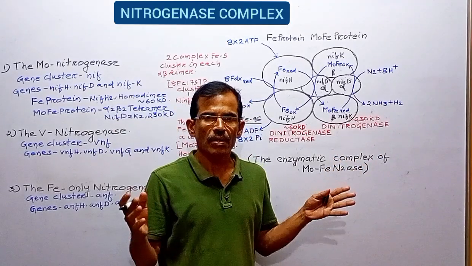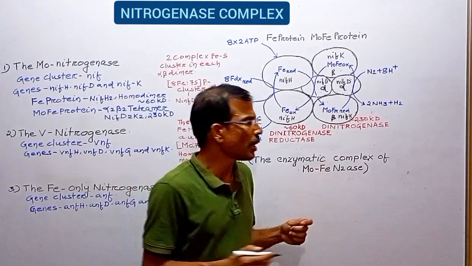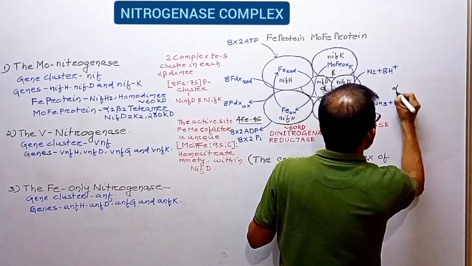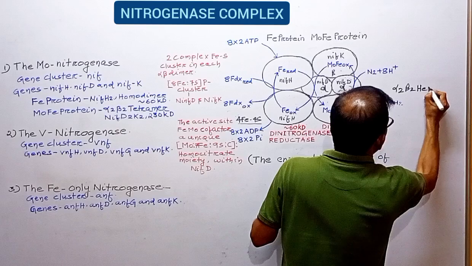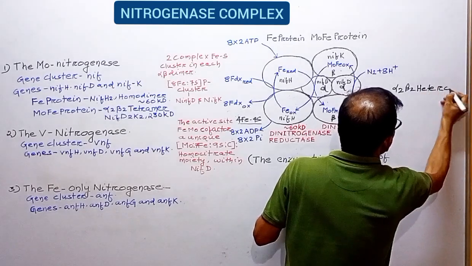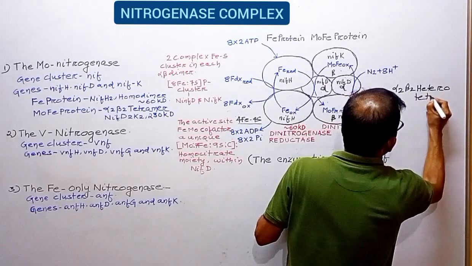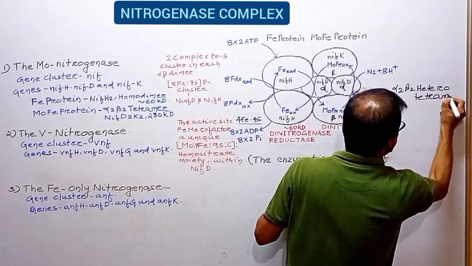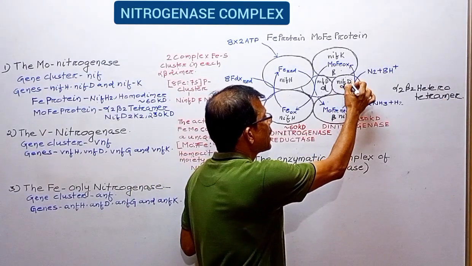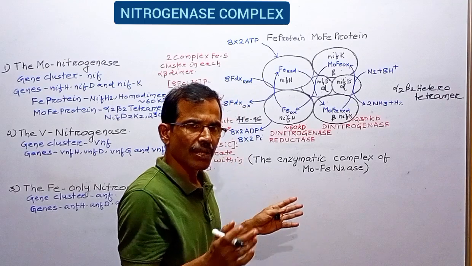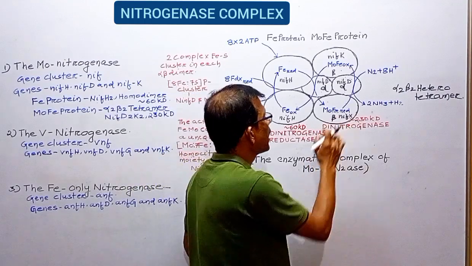The crystal structure of MoFe protein is alpha 2, beta 2 heterotetramer. The alpha subunit is encoded by the gene NIFD and beta subunit by NIFK.